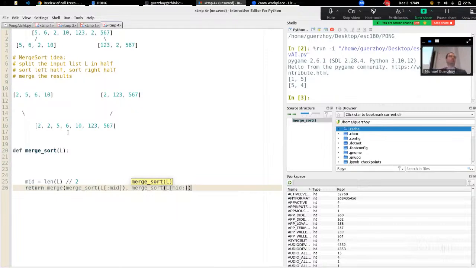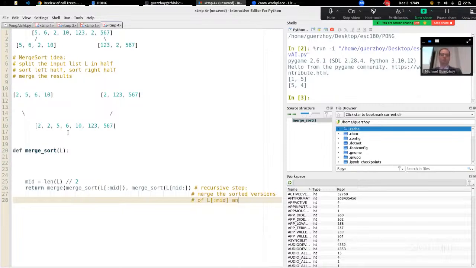All right. So that's the recursive step. Same as sum list, except sort the first half, sort the second half, merge them together.